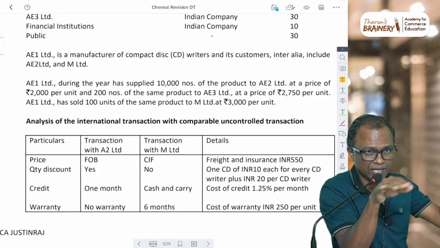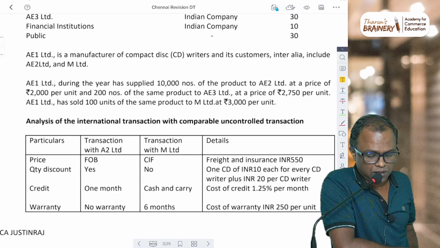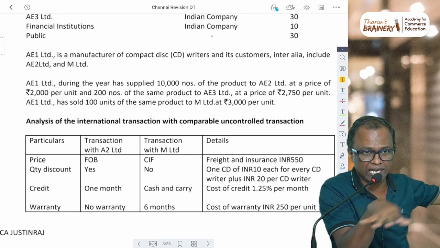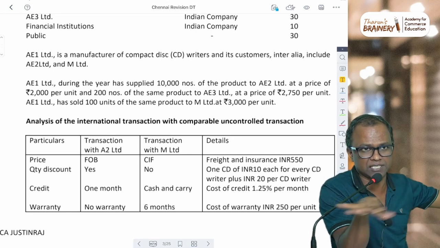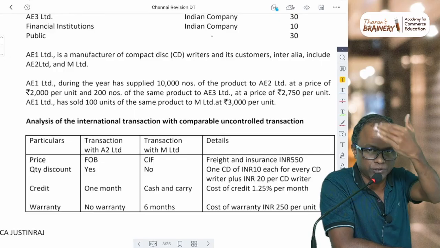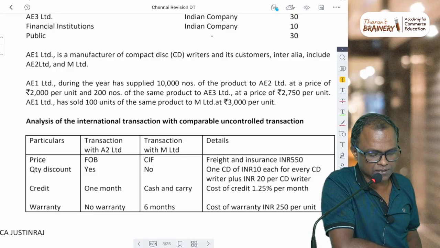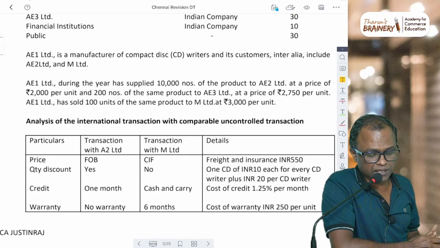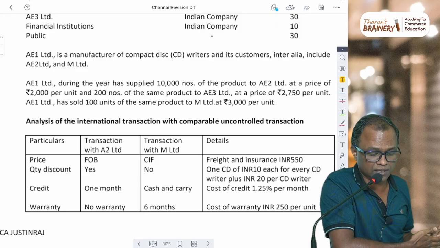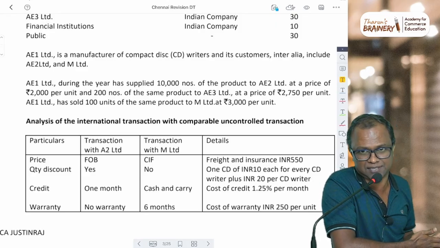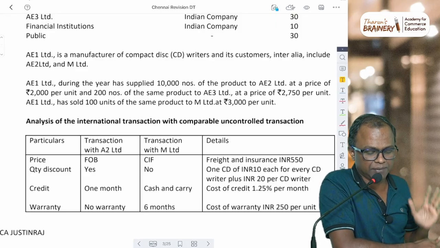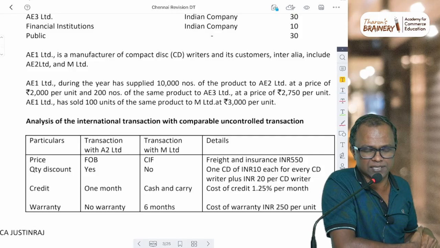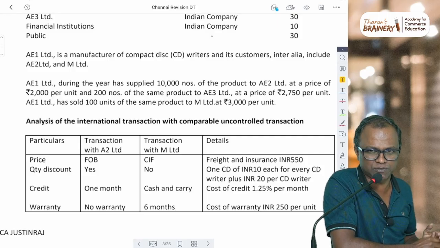So both should be at the same level, not the same price, same level. Price is different, level is different. So reduce 550. Now second, quantity discount. To AE2 Limited we give a quantity discount, which means the price will be less. But for the unrelated party we are not giving any discount, so the price will be more.